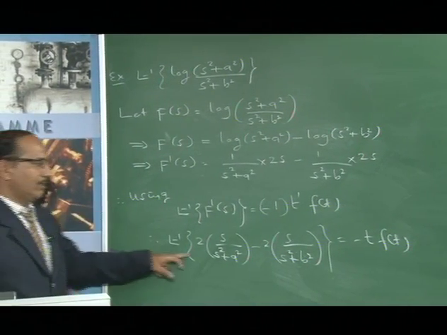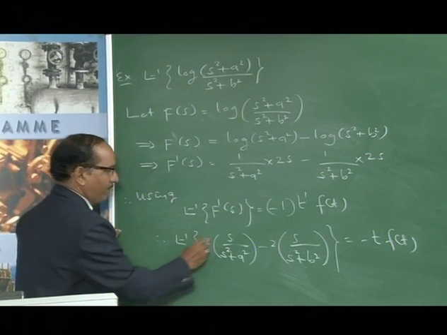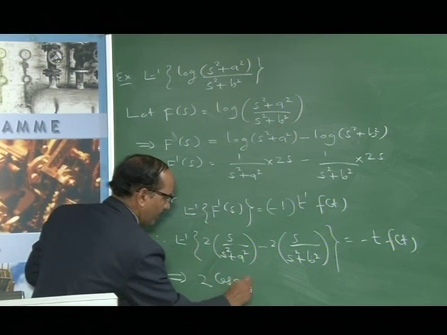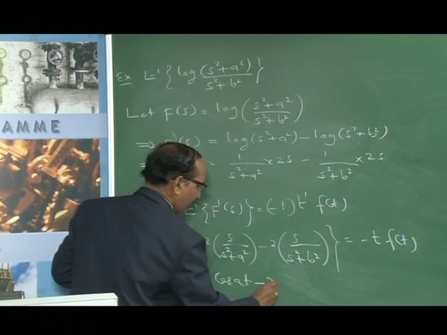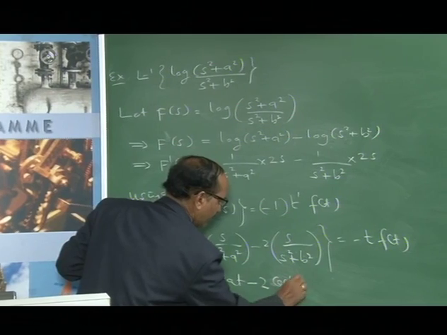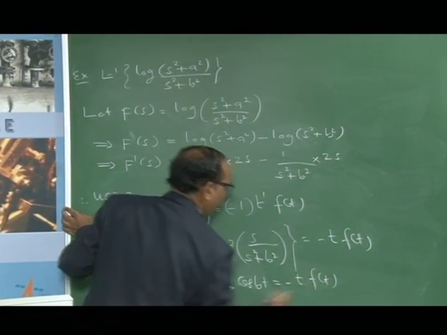So, I know the inverse of both the terms. 2 is common here, that implies 2 into cos a t minus 2 into cos b t is equal to minus t into f of t.